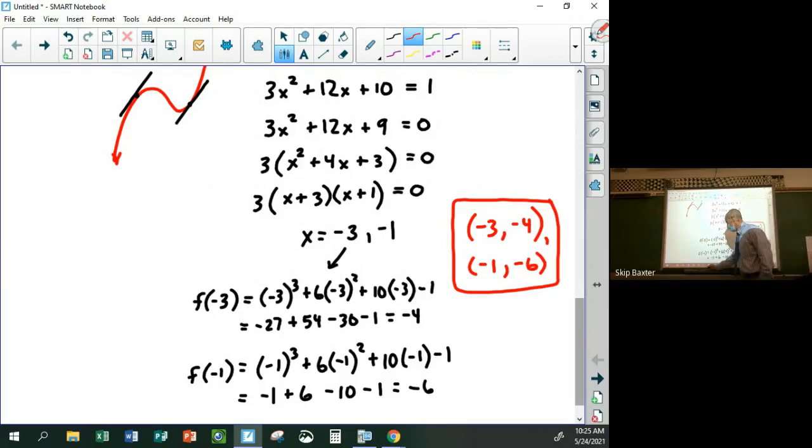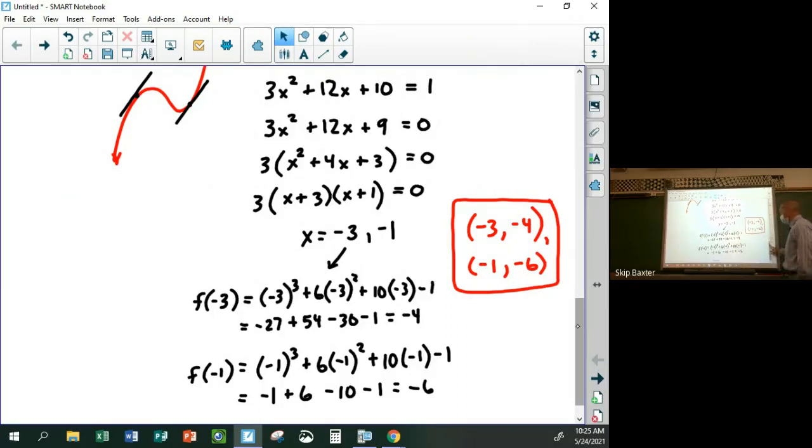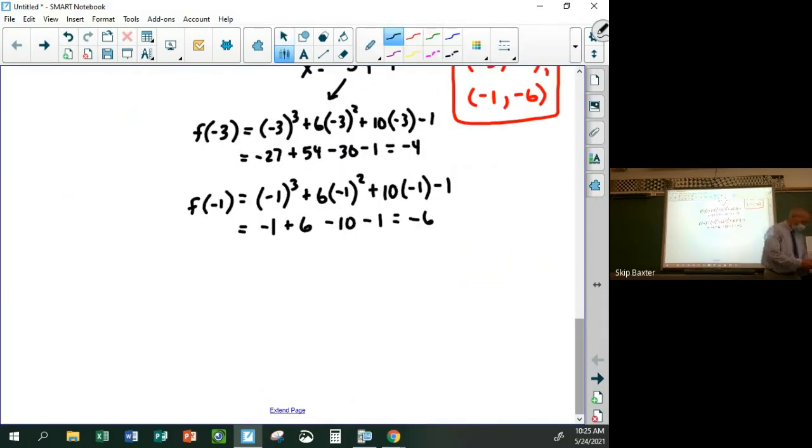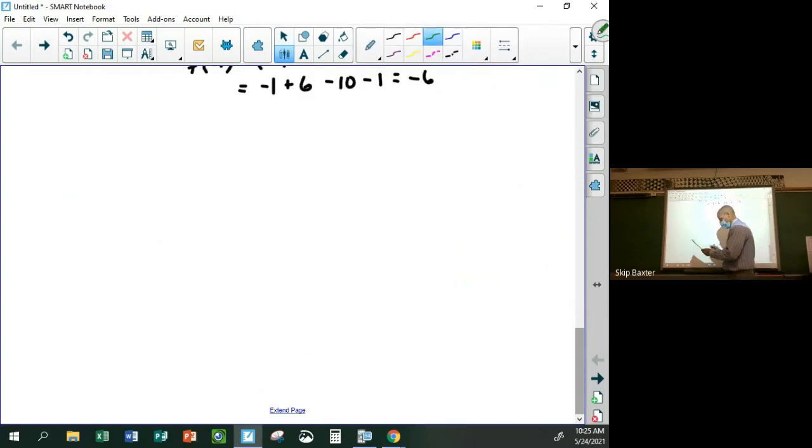Let's do one more. How about this? f of x equals 1 over x squared, and f prime of x equals 2.